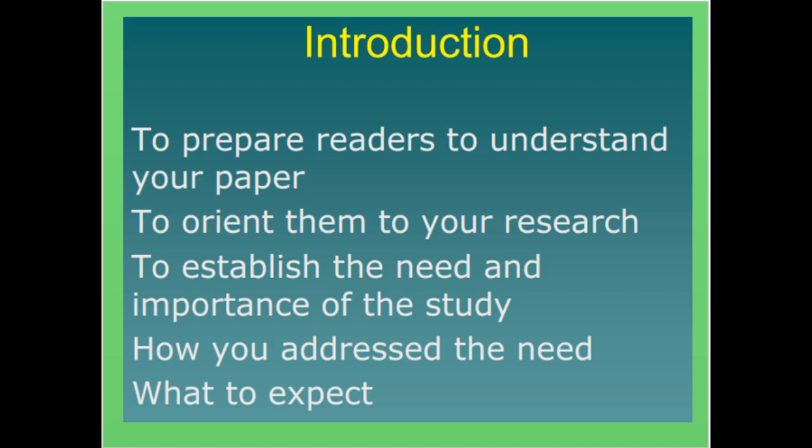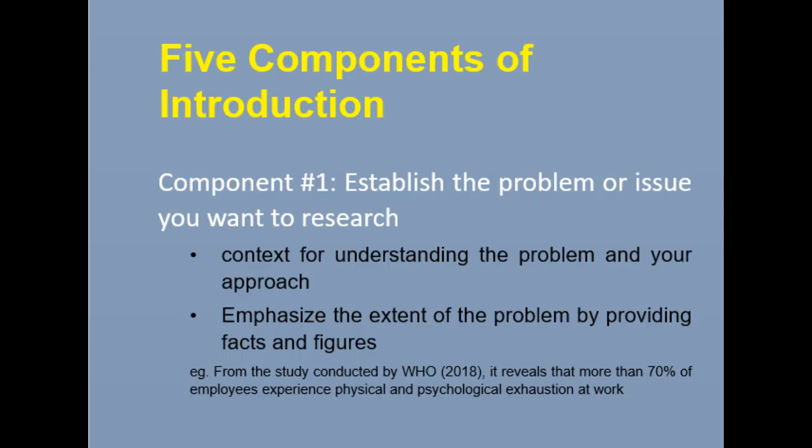There are five components of a research paper introduction. The first component is you have to establish the problem or issue that you wanted to research. Always remember that the dependent variable is the problem or issue under study.